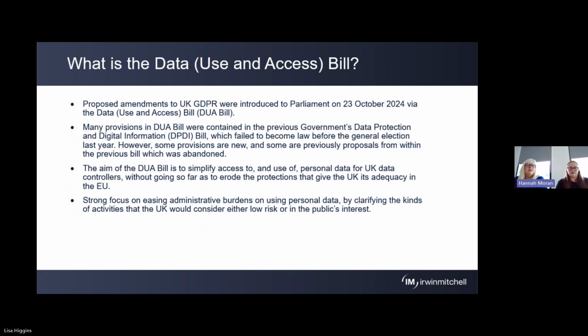If we change UK GDPR too much, then there's a possibility that that adequacy decision may be taken away. And since it's up for renewal in December, I think we do need to be quite careful. But hopefully, what's in the new Act has successfully met its aims of easing the admin burden, but kept the Commission satisfied that we provide appropriate protection for personal data.